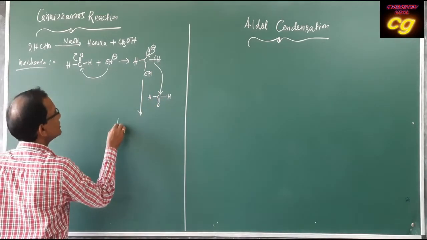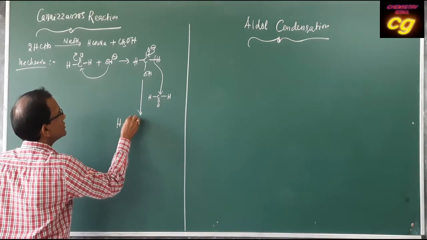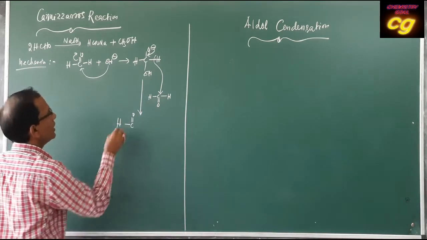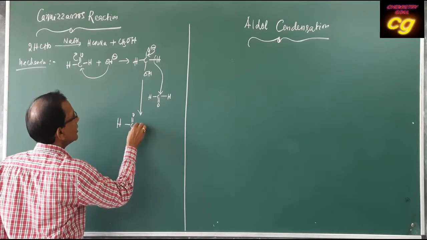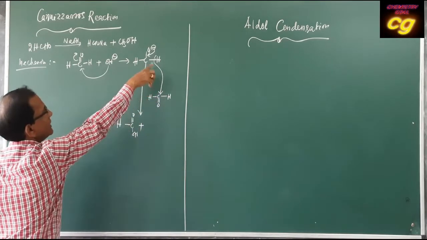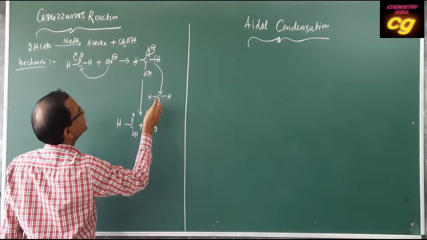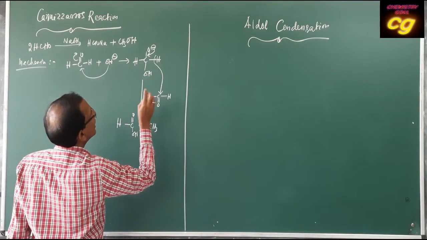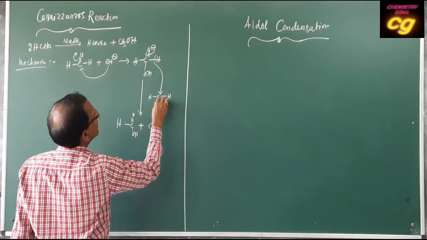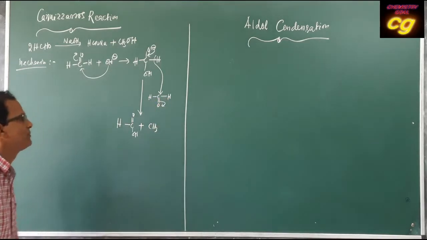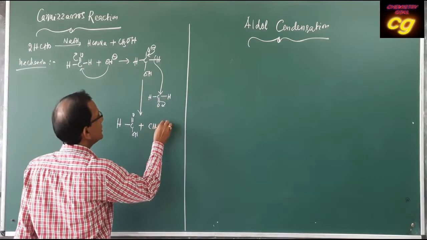So what happened to the result? H C double bond O, now OH plus, now H is added, so CH3, breaking of oxygen, then CH3O minus.